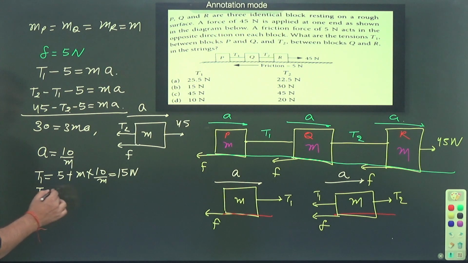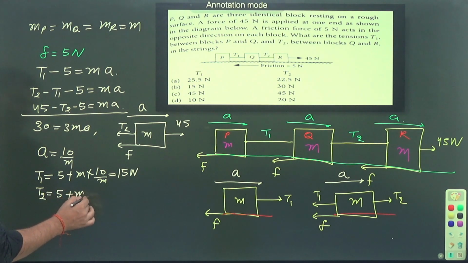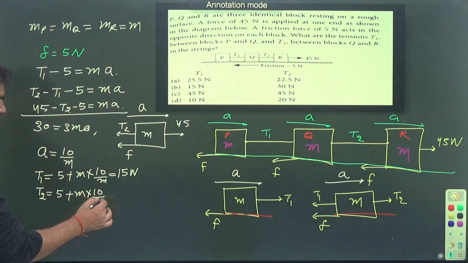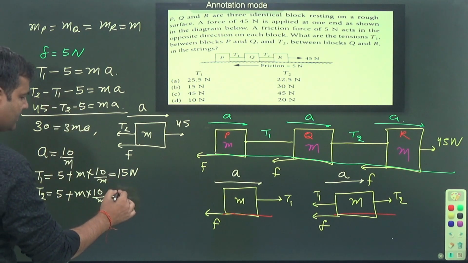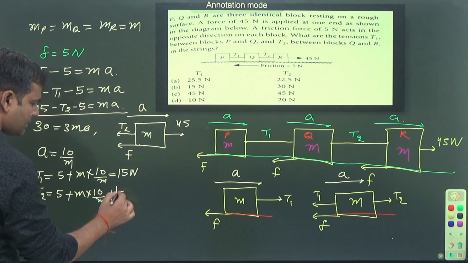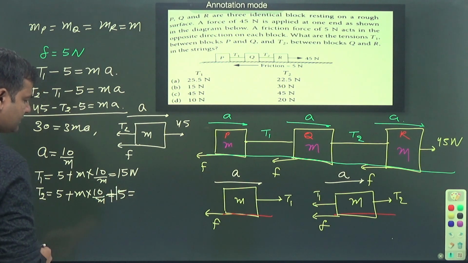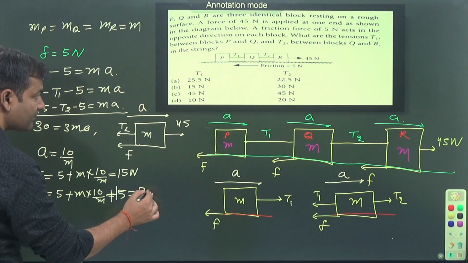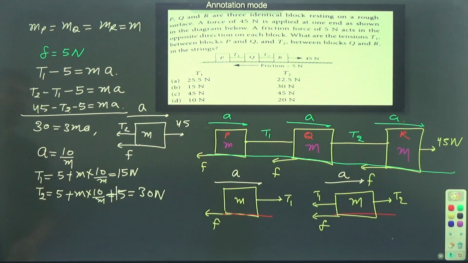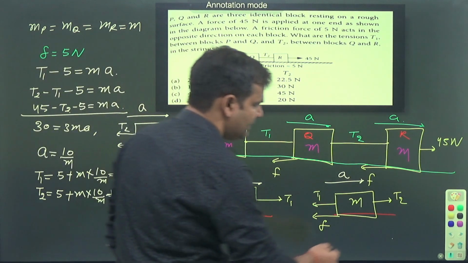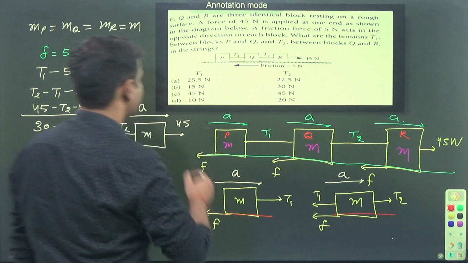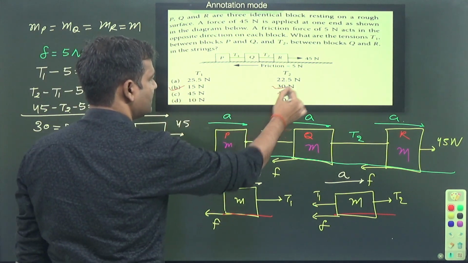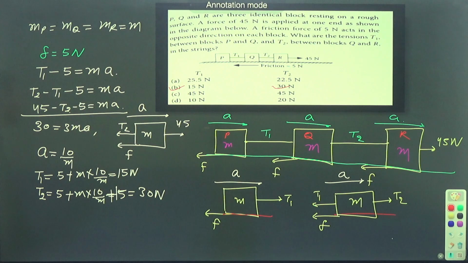T2 equals 5 plus m into 10 by m plus T1, so that is 30 Newton. Okay, we determined T1 and T2. So T1 is 15 Newton and T2 is 30 Newton. So which one is correct? B is the correct option, mark it.